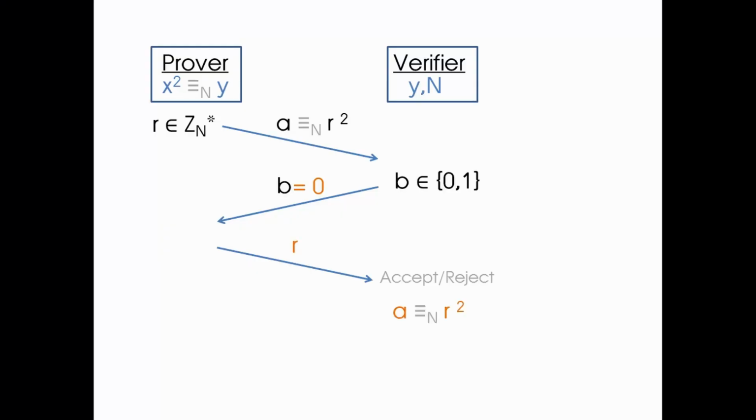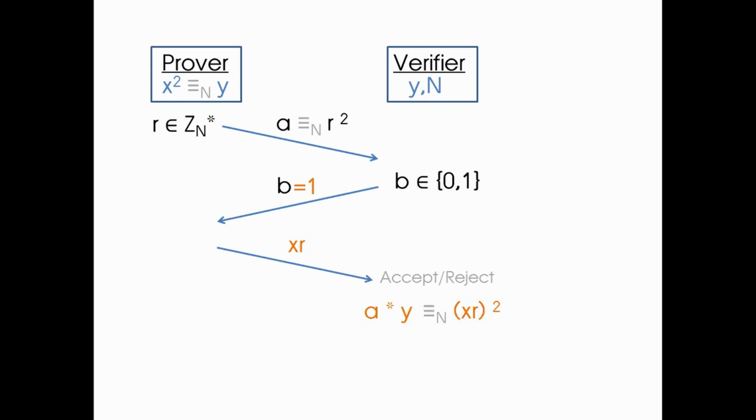So when the verifier sends the challenge bit b equals 0, the prover simply responds with the randomness that the prover chose in the first step. So the verifier in this case simply checks that the prover sent the first message A as he was supposed to do. When the verifier sends the message 1, he expects the prover to send the message XR.